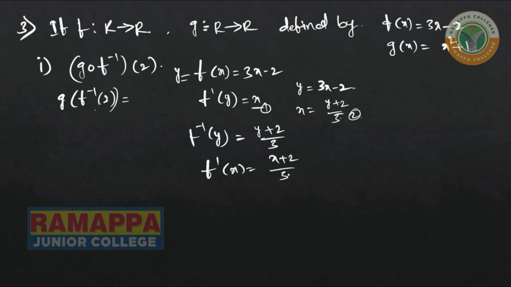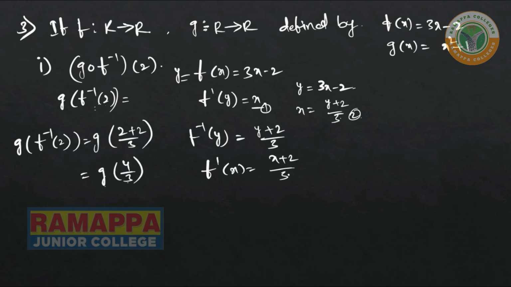So from this I take f inverse of 2, and we need g of f inverse of 2. That becomes (2 + 2)/3, so g of 4/3. Since g of x equals x squared plus 1, in place of x we put 4/3: (4/3) whole squared plus 1, which is 16/9 plus 1. 9 plus 16 is 25, divided by 9.